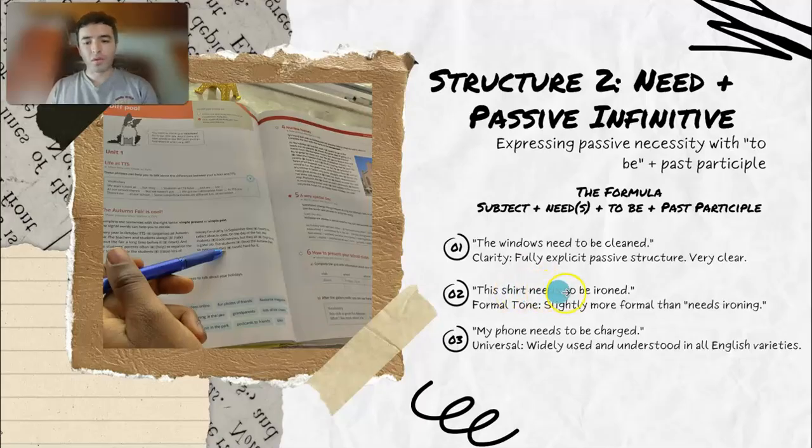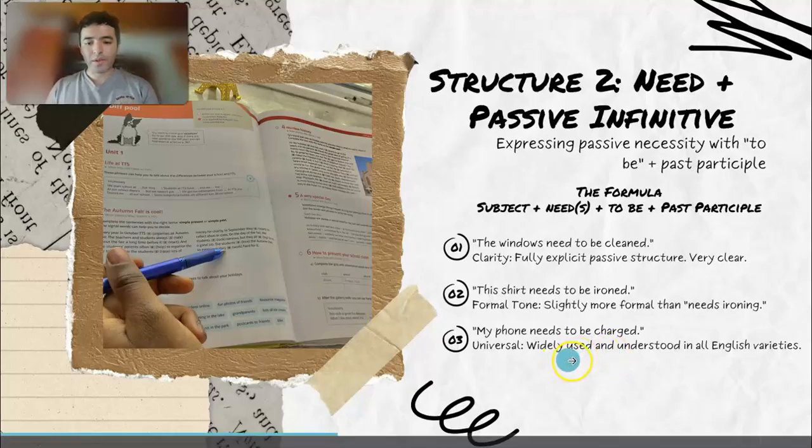Example 2, this chair needs to be ironed. This is a formal tone, slightly more formal than needs ironing. We can say this structure refers to a formal context or formal writing. And the final example, my phone needs to be charged. Universal, widely used and understood in all varieties of English.